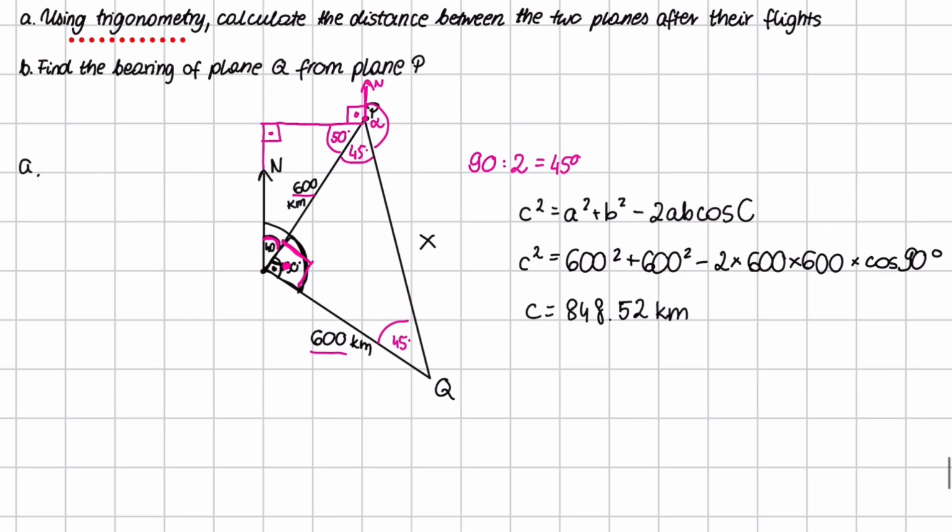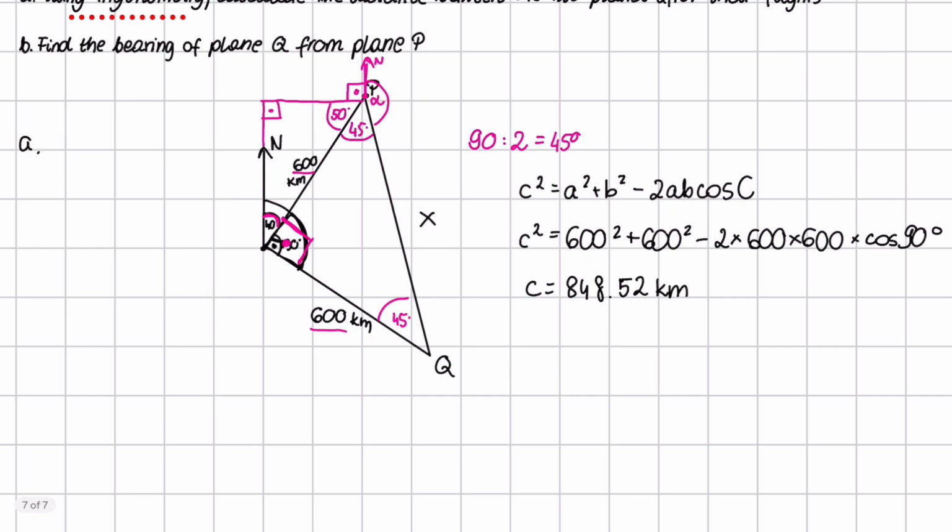So in order to calculate our alpha, we have to subtract from 180 degrees, 45 degrees, 50 degrees, and 80 degrees. And our alpha is equal to 175 degrees. And that's our final answer.